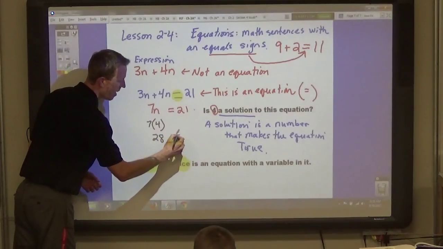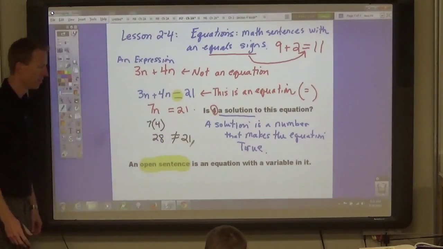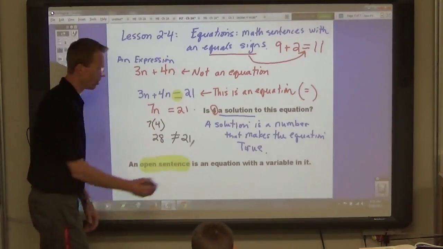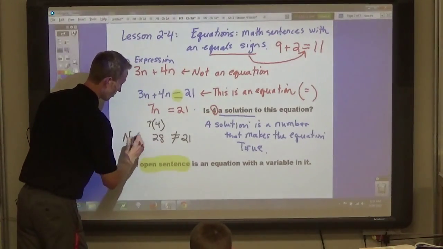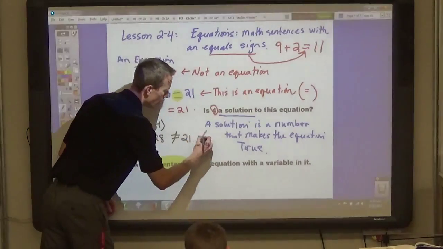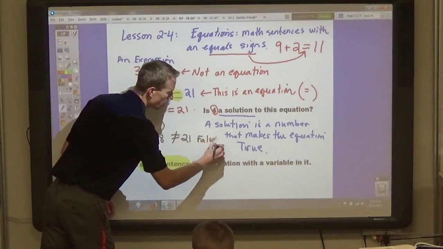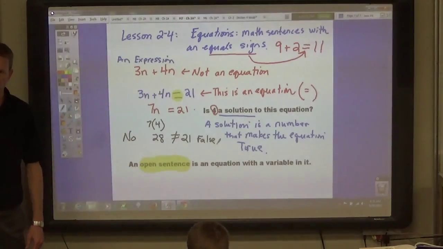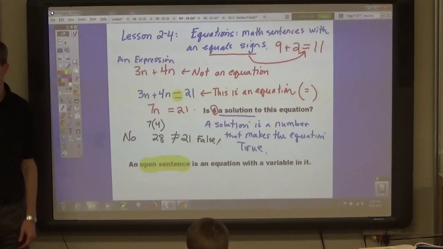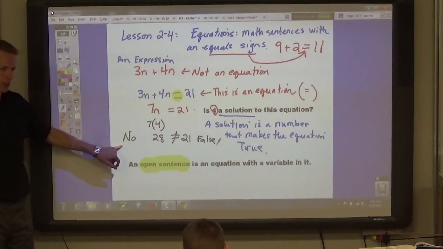And that does not equal 21. So 4 is not a solution. Or we could write true or false. If the directions say to write true or false, then we would write false on this one. Or no, it is not a solution.